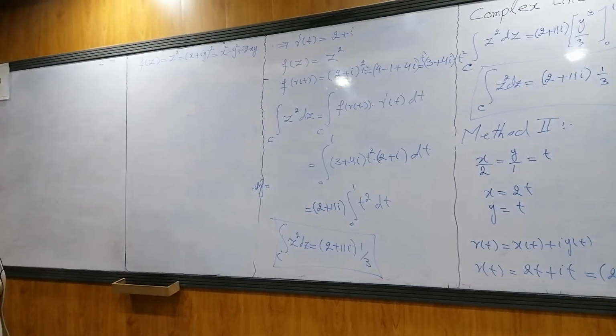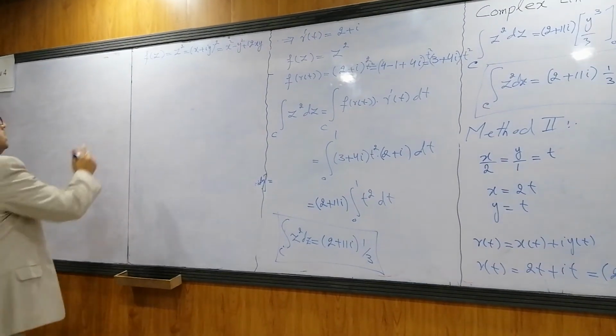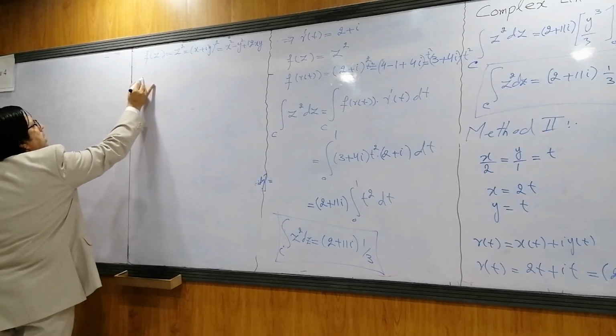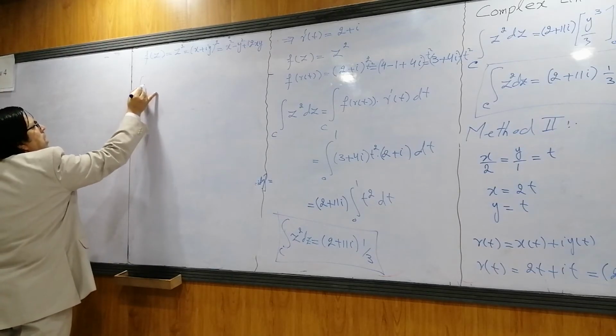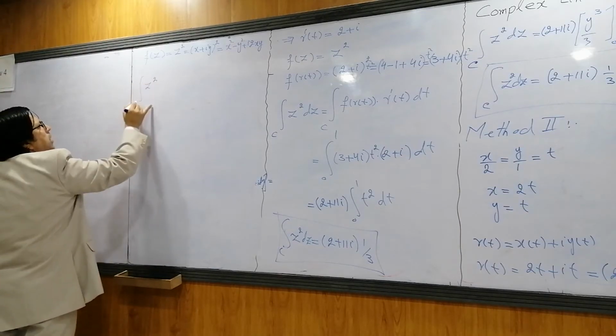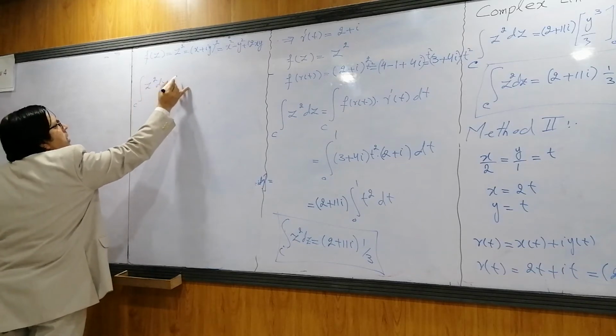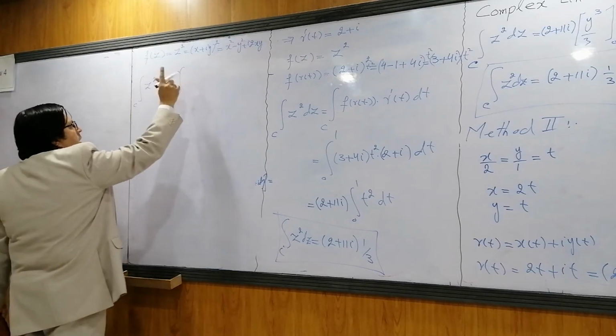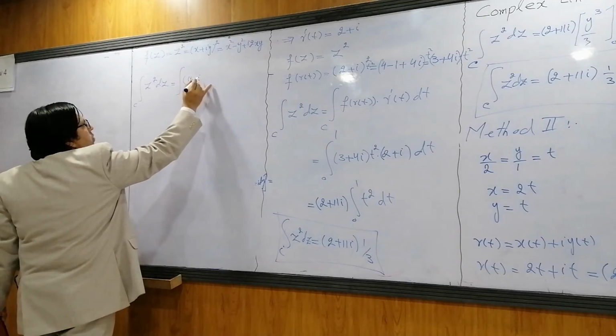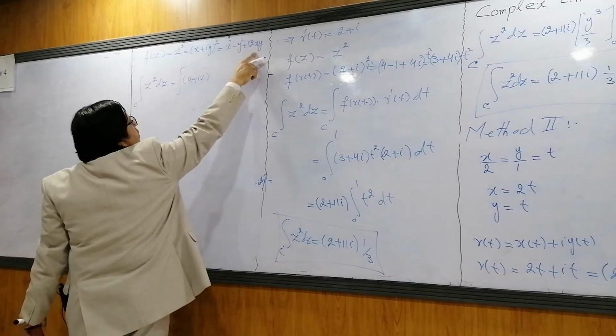Now the main formula: the integration of the function z² along the curve C is equal to the integral of (u + iv)(dx + i dy), where this is u and this is v.